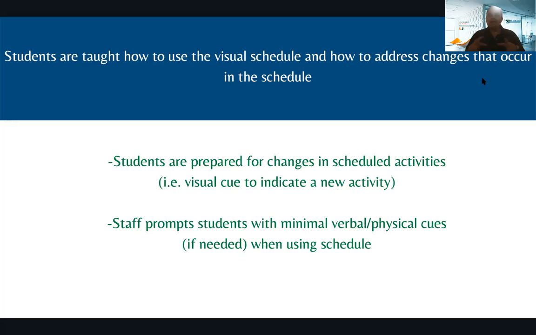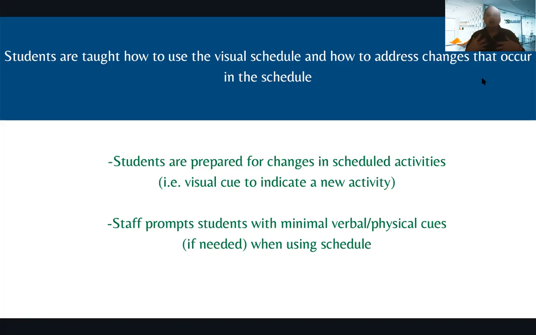So what happens there is that these are antecedent strategies, and sometimes by themselves they don't work. So they also need some sort of consequence, right? And not a consequence in a bad way, but they need to have some sort of reinforcement that follows this. So even if they go and check their schedule for that non-preferred activity, and then when they get to their table, they have 30 seconds to play with something that they really like. Or if their parents are okay with that, some sort of small snack, something really simple, something really small.